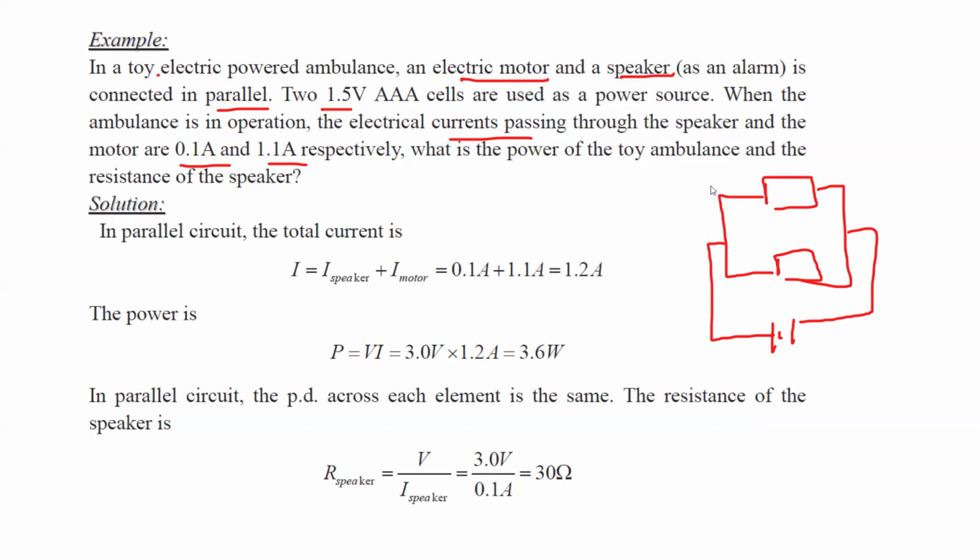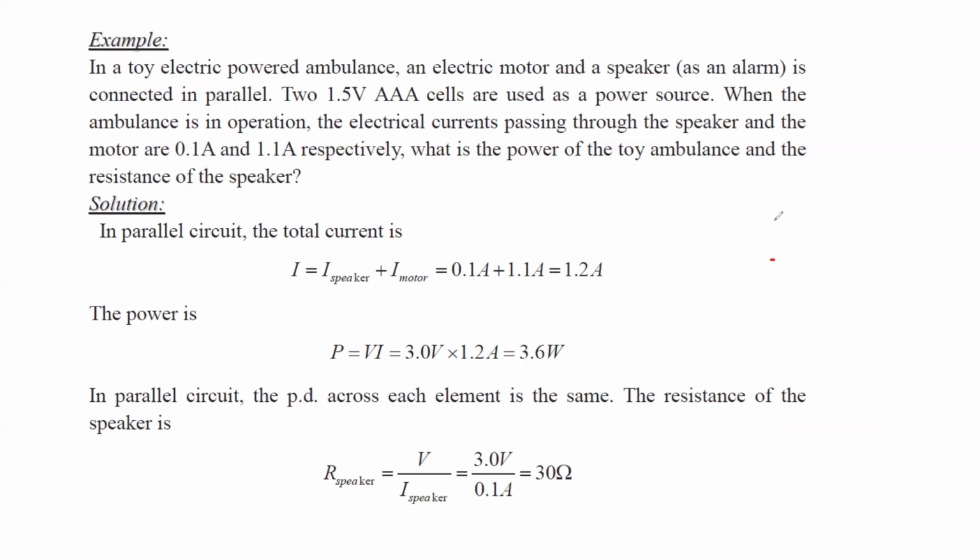And what does it consist of? It consists of a motor, so we can write M. The motor symbol is a circle with M, and for the speaker you can use the symbol for a buzzer. The motor and buzzer are connected in parallel.